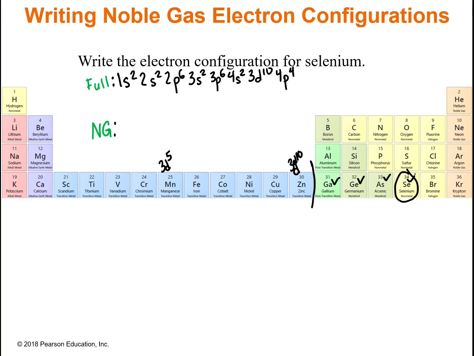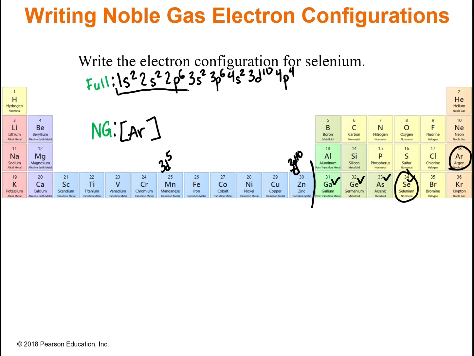For the noble gas configuration, what noble gas did you use? Right. It should be argon because it's in the same exact row as manganese. So it's the same core, but we have to add on everything between argon and selenium.